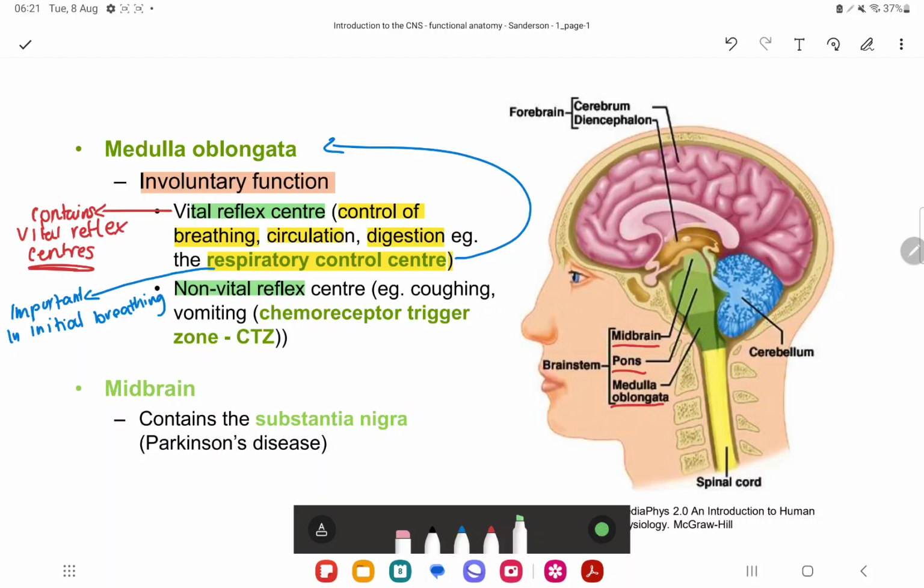So that's the take-home message. An example of non-vital reflex centers are coughing and vomiting, for example the chemoreceptor trigger zone. This trigger zone is important in vomiting, because when the CTZ is triggered, it causes vomiting.